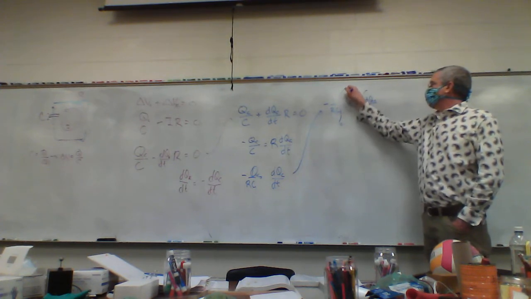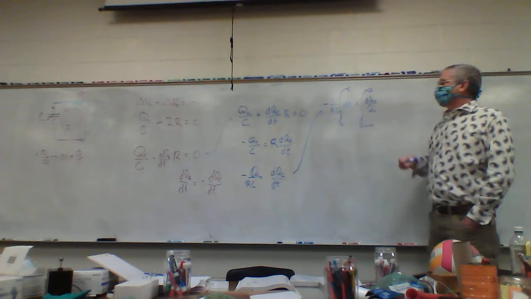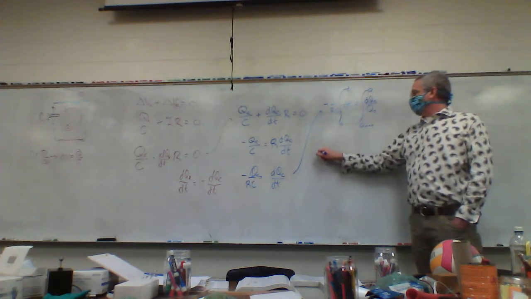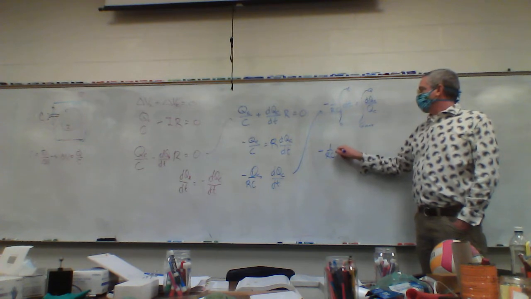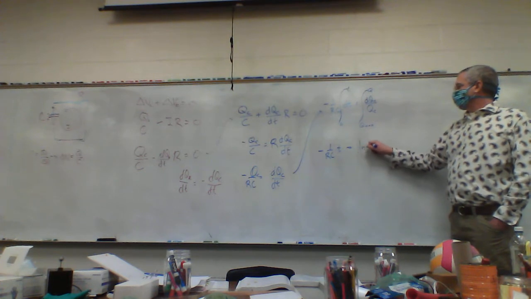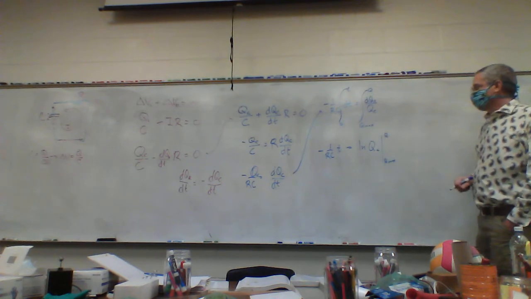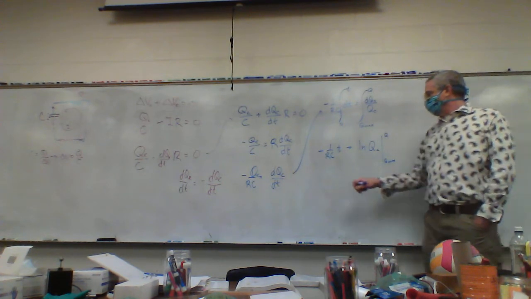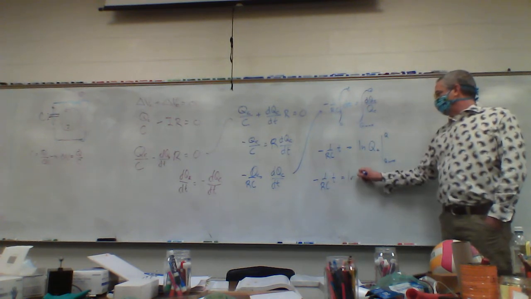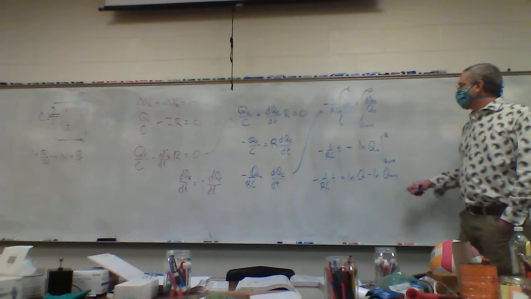From 0 to some time, from Q max to some charge. And so I have negative 1 over RC times time equals, well, the natural log of Q sub C from Q max to Q. So negative 1 over RC times time is equal to the natural log of Q minus the natural log of Q max.